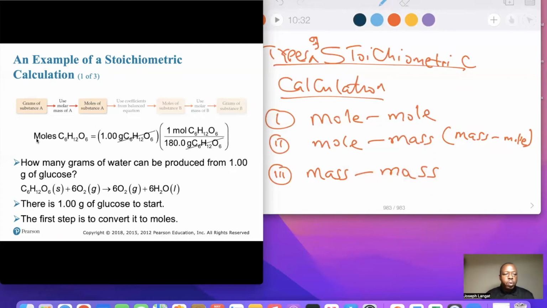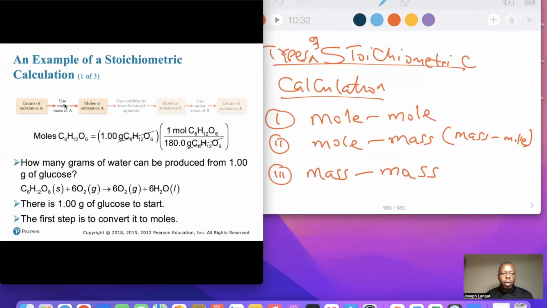So what we are doing here is converting the grams of A, 1 gram of glucose. This 180 is the molar mass, the molecular weight of glucose. If you use the periodic table, 6 carbon times its atomic mass plus 12 hydrogens times its atomic mass plus 6 oxygen times its atomic mass, you add up and it gives you 180.